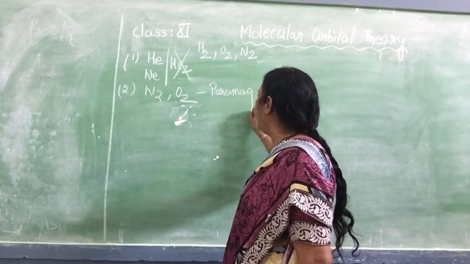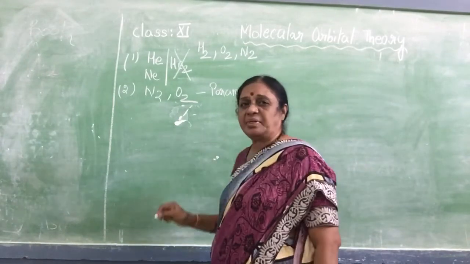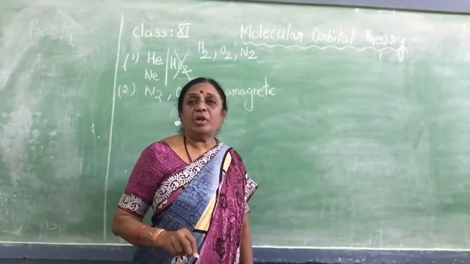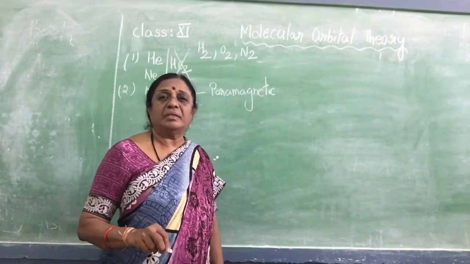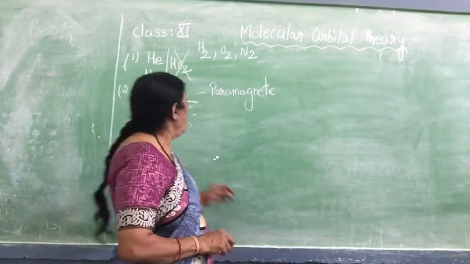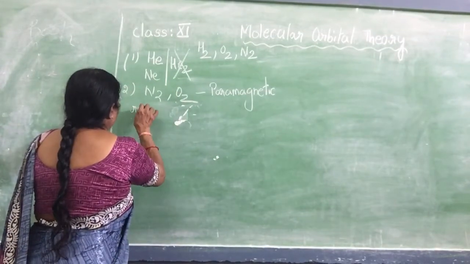I hope you know the meaning of paramagnetic. I already explained in the previous chapters. What do you mean by paramagnetic? The molecule is attracted by the magnetic field, whereas N2 is repelled by the magnetic field.